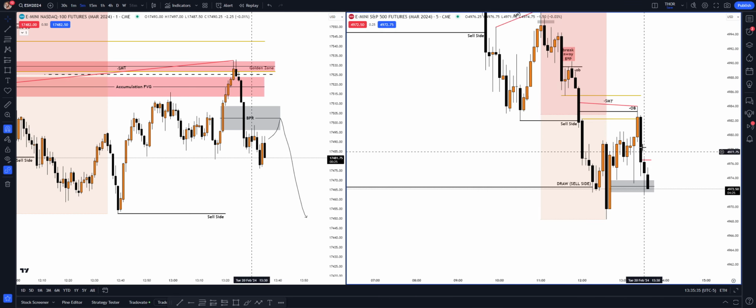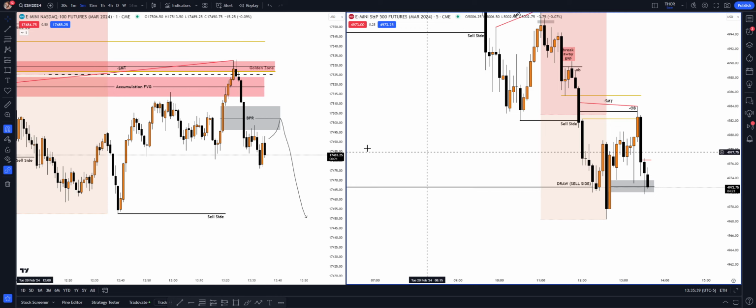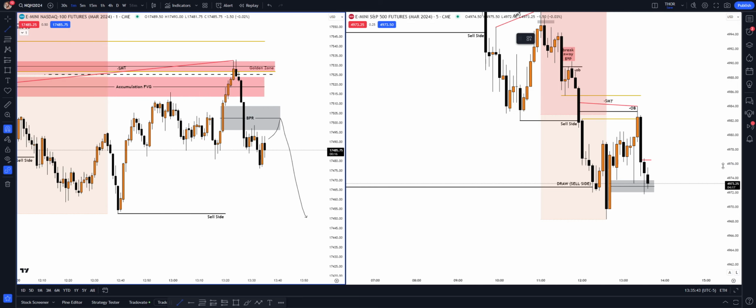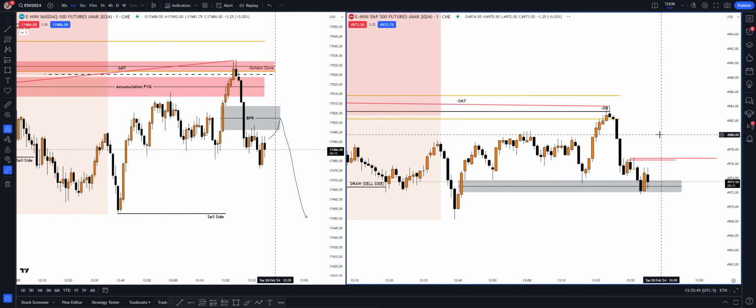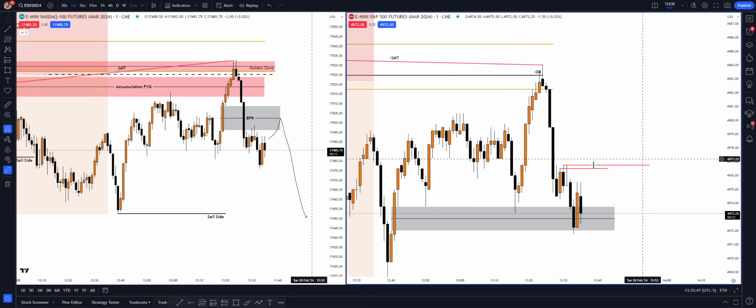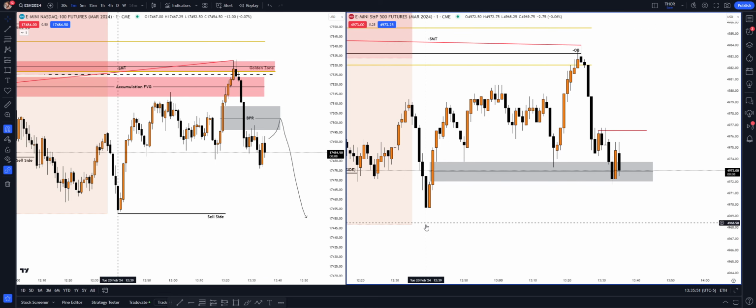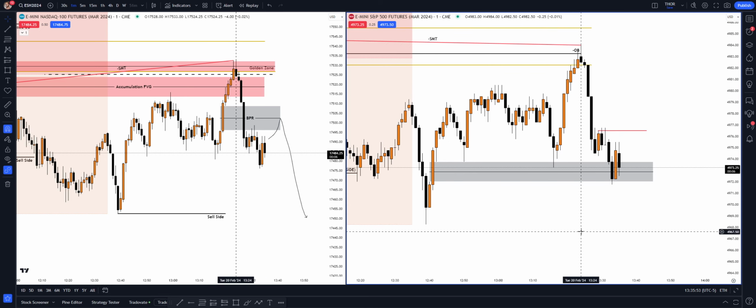Which one? Oh, here? This one? Oh, let me see, 1 second. I need to check it on the 1 minute. Yes, looking at 1 minute, it shouldn't really trade into that level if draw on liquidity is sell side.